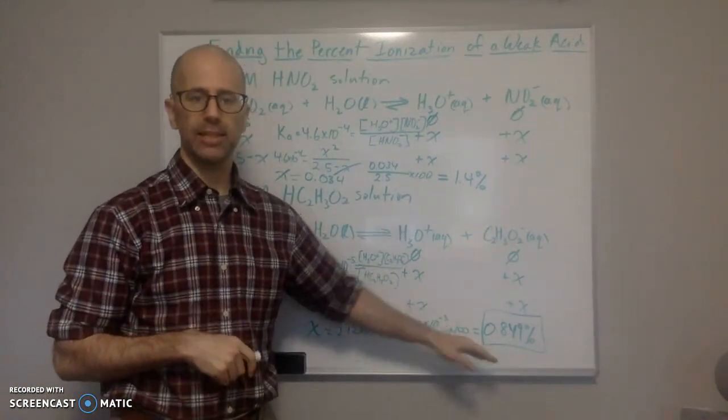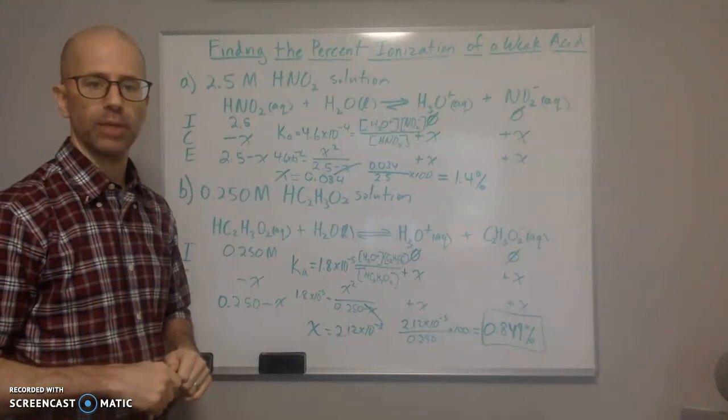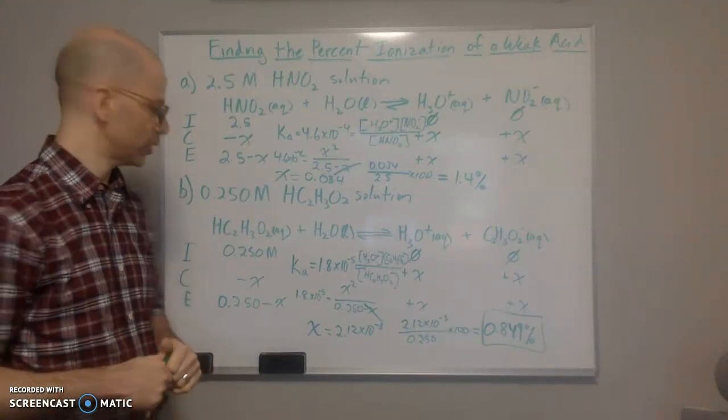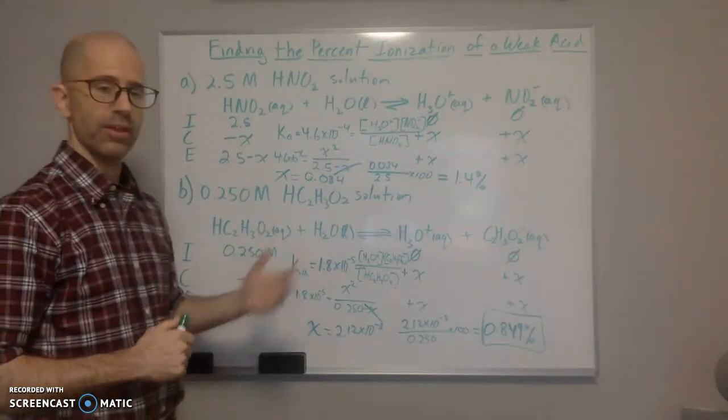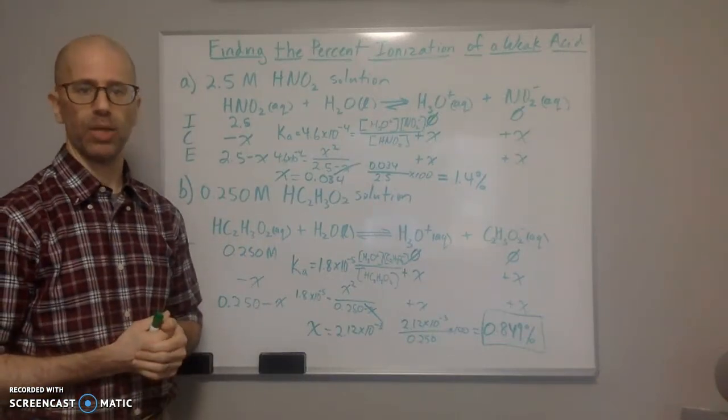Since the percent ionization is less than 5%, the x is too small approximation is a good approximation. So this is how you would find the percent ionization of a weak acid.